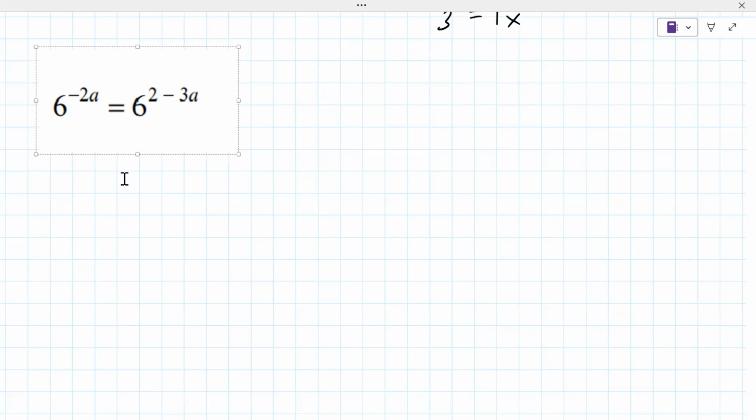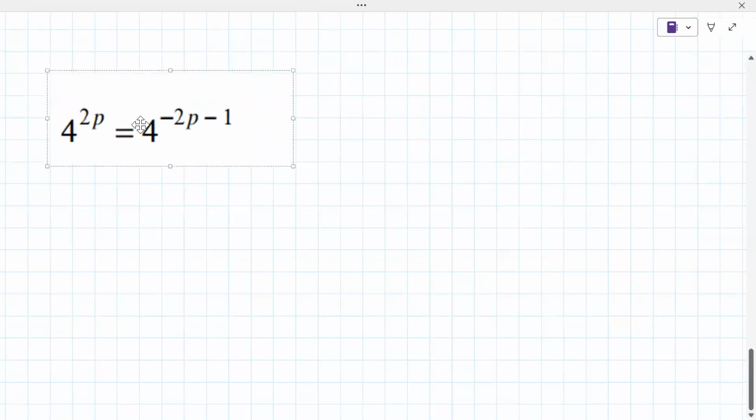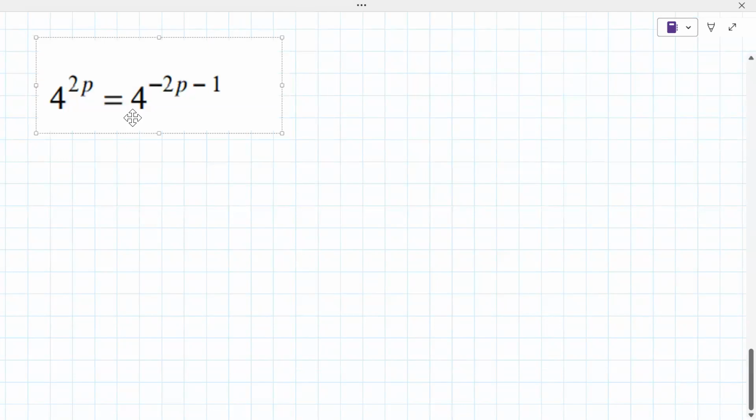Okay, I got 2 equals a. A equals 2. Good. Okay. Now this next one's going to be slightly more complicated. Not a ton, but slightly more complicated. All right, so take a look at that, please.